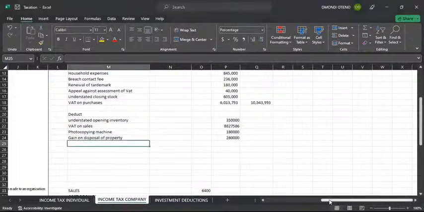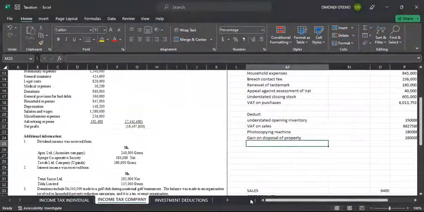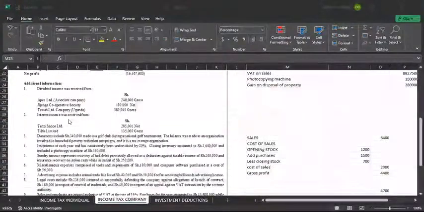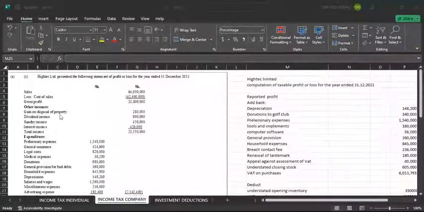Let's check the additional information given. So we have dividends income, we have standard income, that is the normal income allowed there. Interest income.